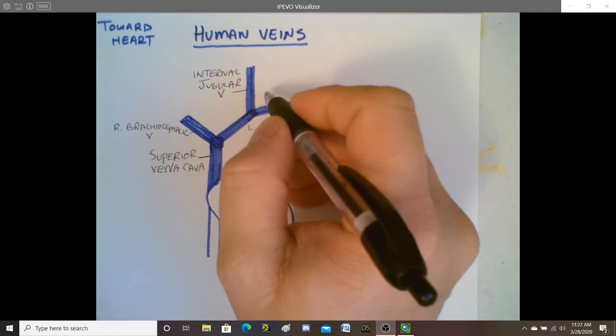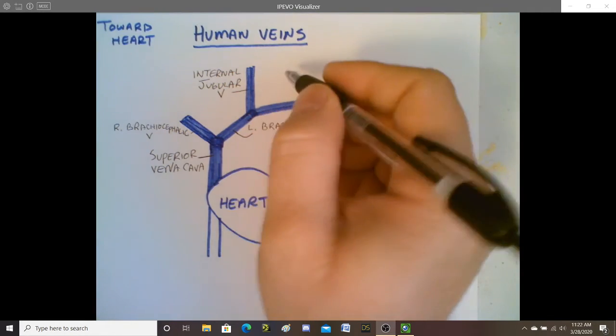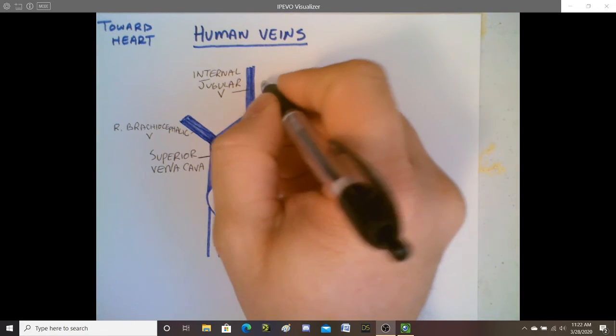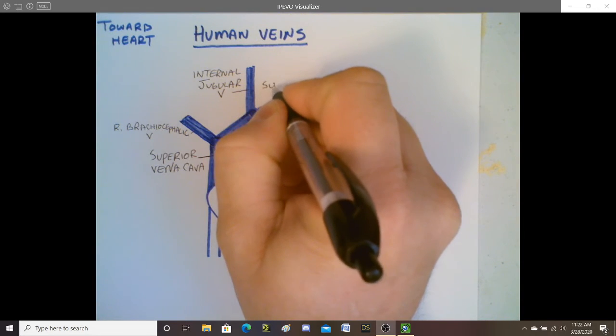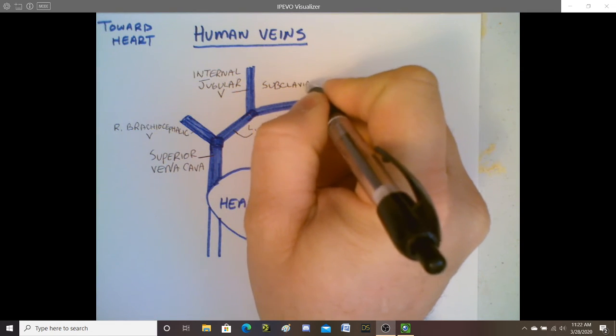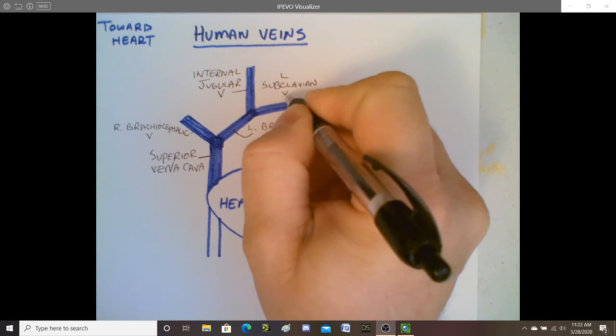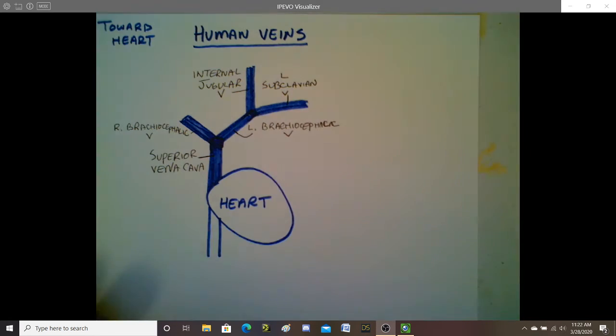Alright, let's see, where should I label this? Let's label it, I guess, right here. Subclavian vein, and this is on the left side, so I have left subclavian vein. Okay. Now, the same rules apply.